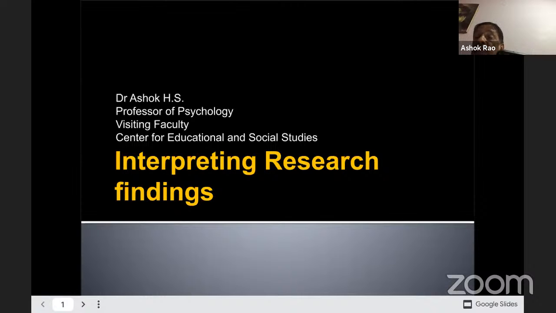So in social science research, probably all of you may be familiar with, for example, the interpretation of data during elections when poll results are found. When the predictions are being made, how accurate are those predictions? What are the factors on which the predictions of whether a candidate or a particular party will win or not depend?